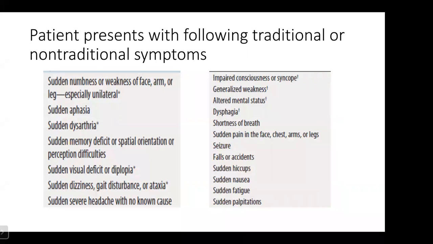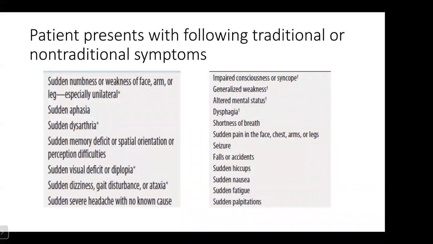But if the patient comes with some other symptoms like impaired consciousness or syncope, generalized weakness, altered mental status, dysphagia, shortness of breath, sudden pain in face, chest, arm or legs, seizure, falls or accident, sudden hiccup, sudden nausea, sudden fatigue, sudden palpitation, these symptoms may mimic some other diseases also.